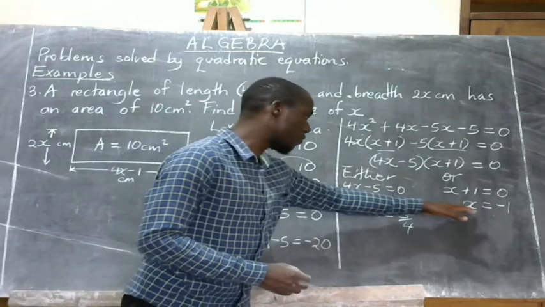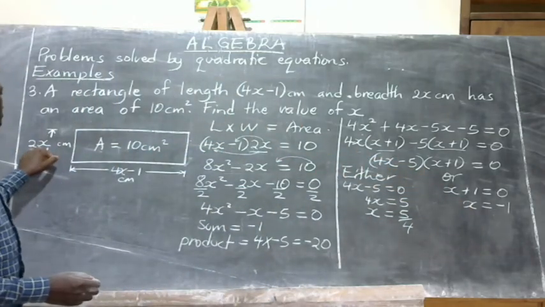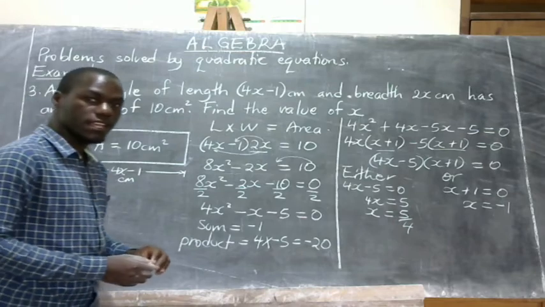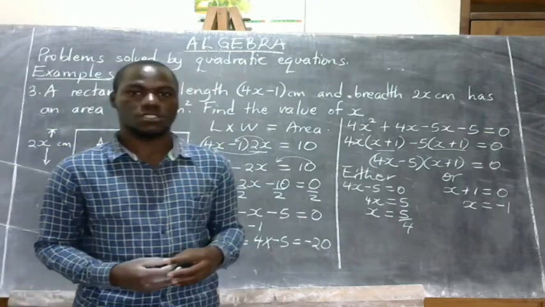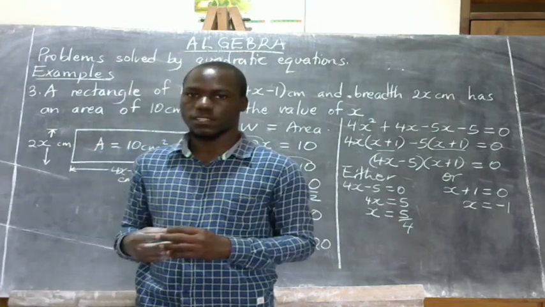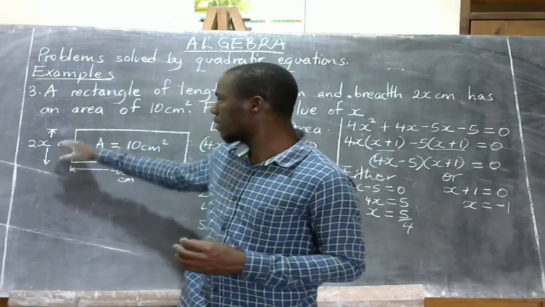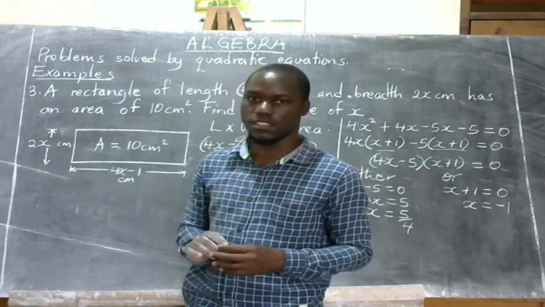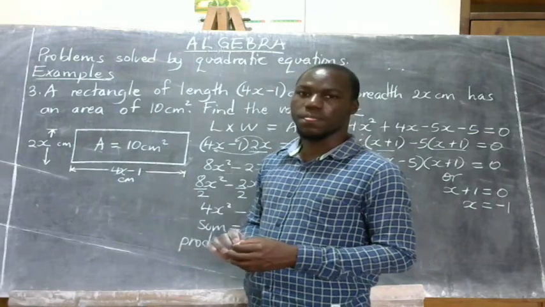When you try to feed in here, if you use a negative 1, we cannot have a negative distance because the breadth and the length, we consider them to be distance. Distance is the length between 2 points. So the breadth is a distance as well as the length is also a distance.